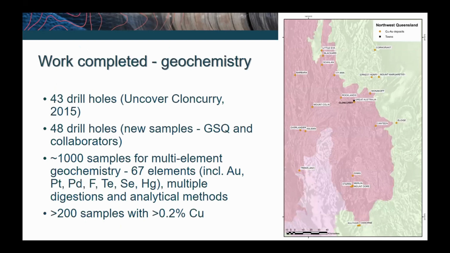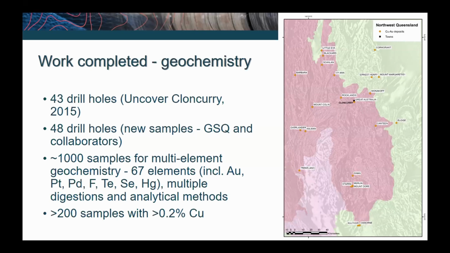So on geochemistry, we have samples from 43 drill holes dating back to the historic study of Uncover Cloncurry, CSIRO and GSQ funded study, which was delivered in 2015. We sampled another 48 drill cores, new samples ourselves, done together with our collaborative partners, CSIRO and others.